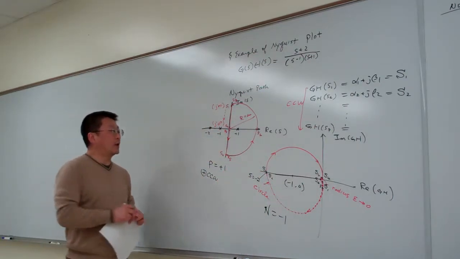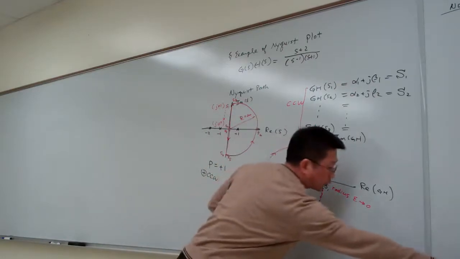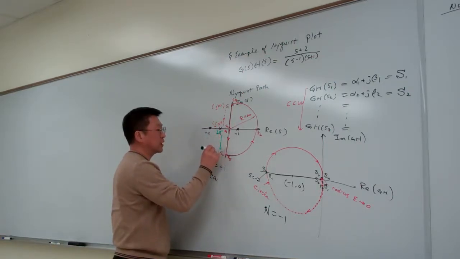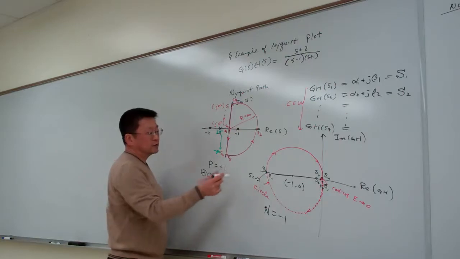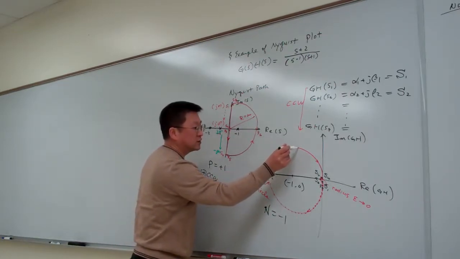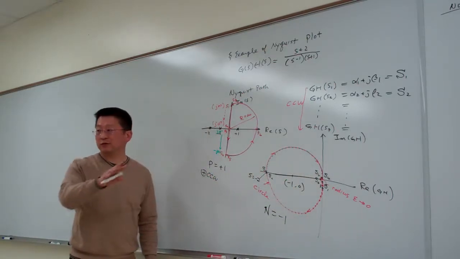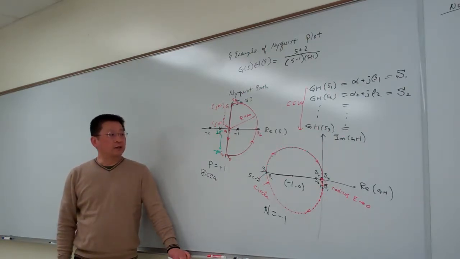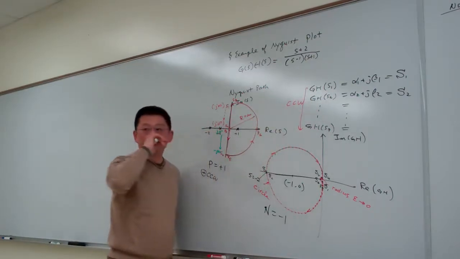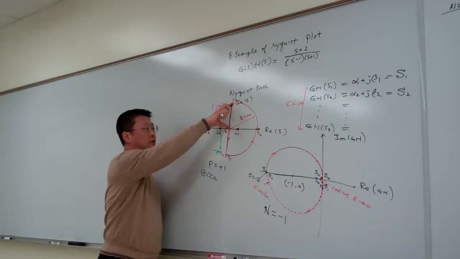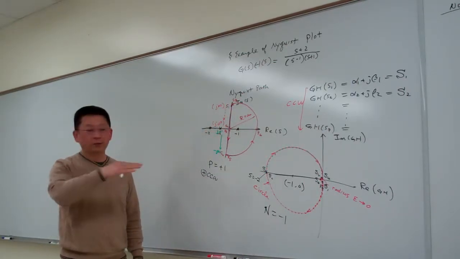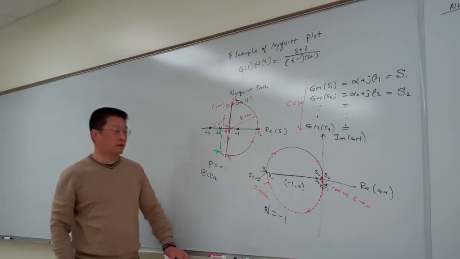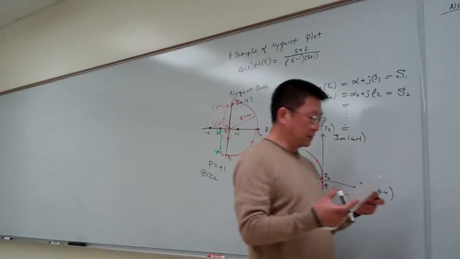And then from S3 to S4 onward, S3 equals j0 minus to S4 equals minus j infinity. For this one, that is the point here. You see, these portions are symmetric with respect to the horizontal axis. So for the second note, sometimes we don't need to select so many sampling points. Maybe we can only select this portion, and for the other portion we directly make it symmetric and flip the plot over there. We can save our calculations. Be good? Okay.